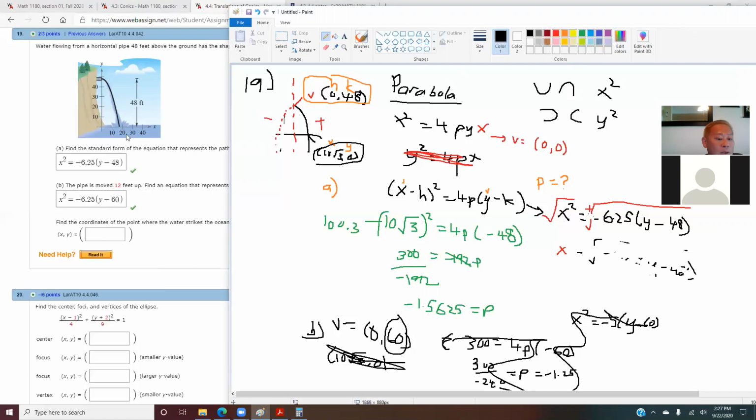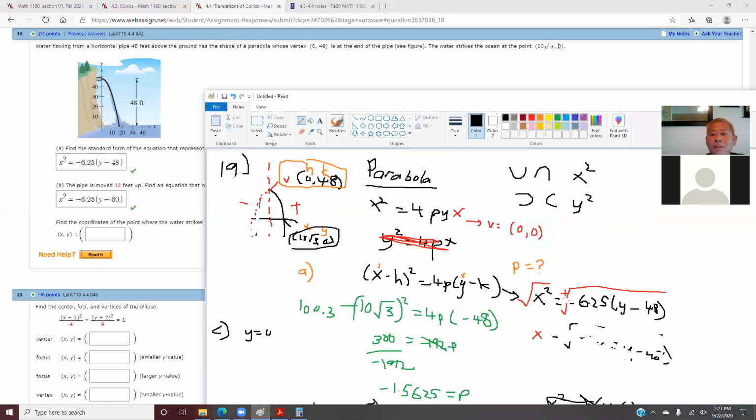When it strikes the ocean, that means your y is 0. For question C, when it strikes, is it x equals 0 or y equals 0? Let me think. When it strikes the ocean, yes, your y is 0, because if you look at where it strikes the ground, the y coordinate is 0.